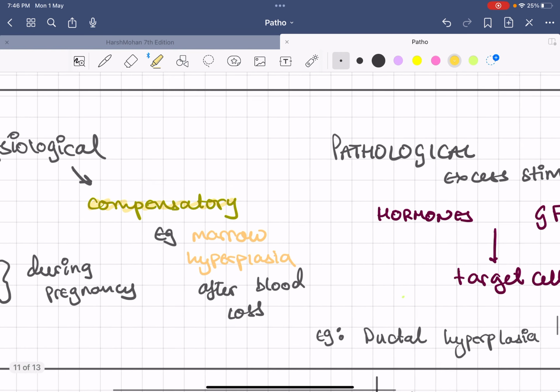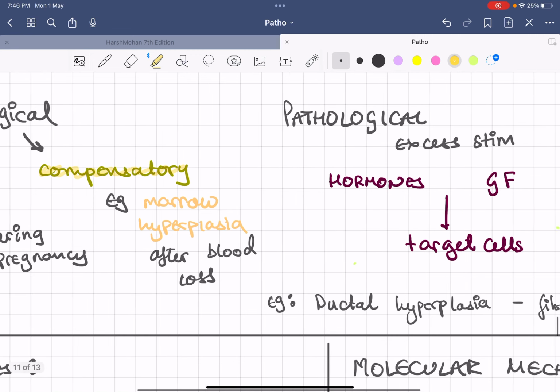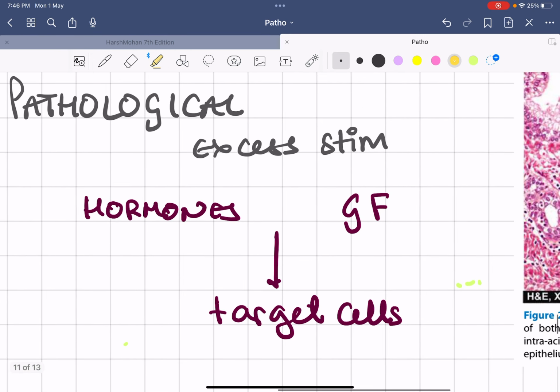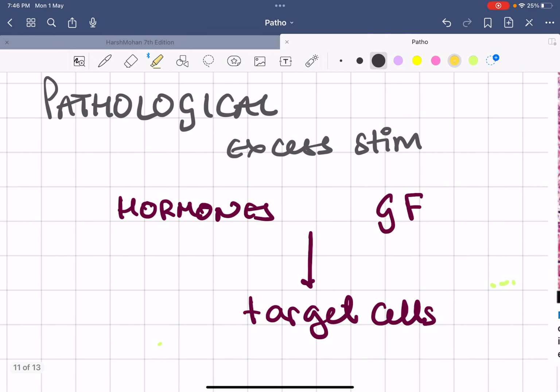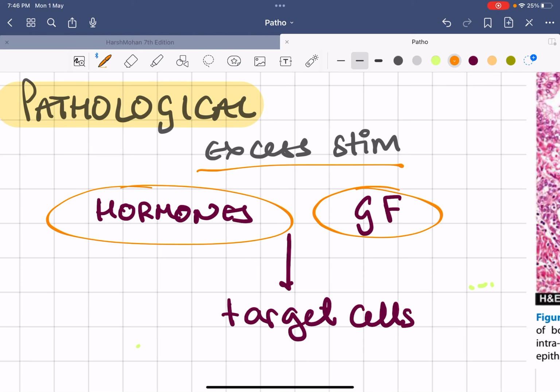In compensatory hyperplasia, the basic example is marrow hyperplasia after blood loss to replenish the blood. Let's move on to the pathological cause of hyperplasia. It's nothing but excessive stimulation. But excessive stimulation of what? Excessive stimulation of hormones and growth factors. No, not girlfriend.